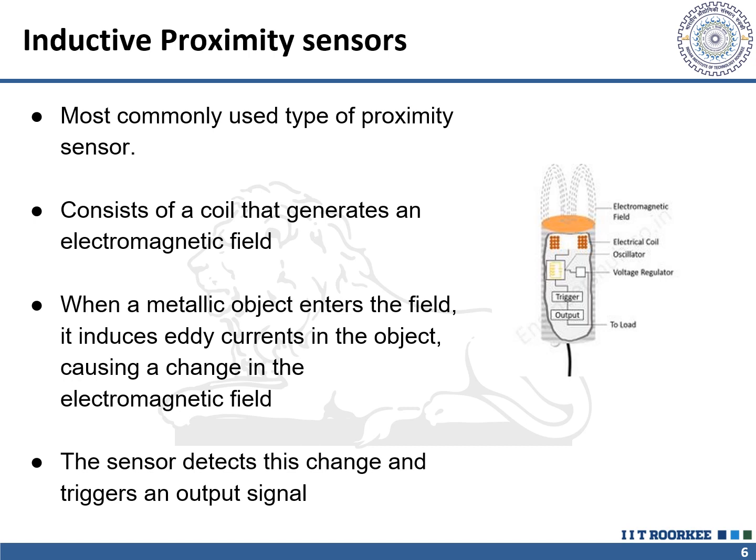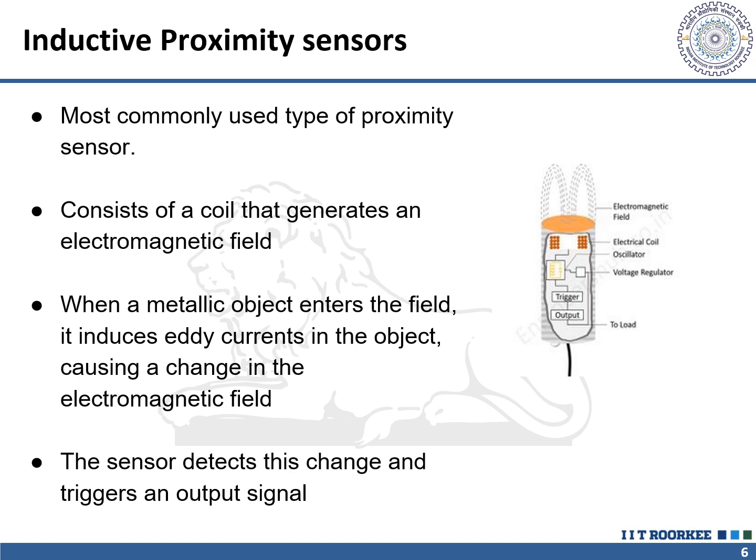Inductive proximity sensors. These are the most commonly used type of proximity sensors. They have a very wide range of applications. These proximity sensors are used to detect metallic objects only. These sensors consist of a coil that generates an electromagnetic field.